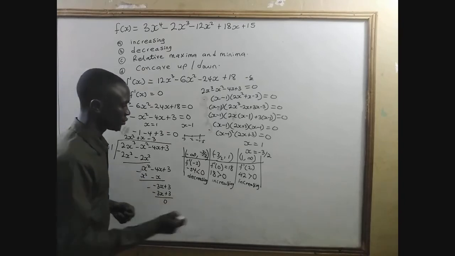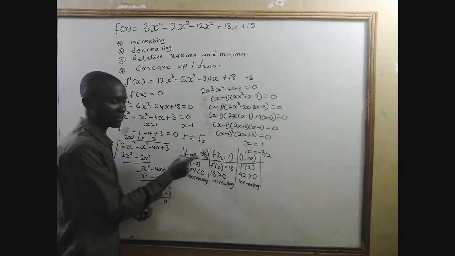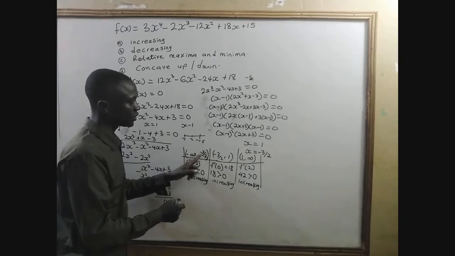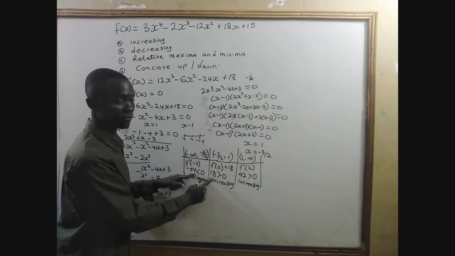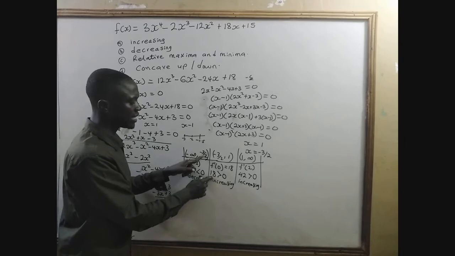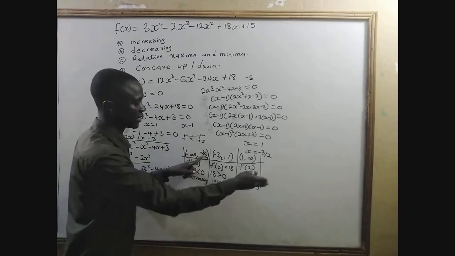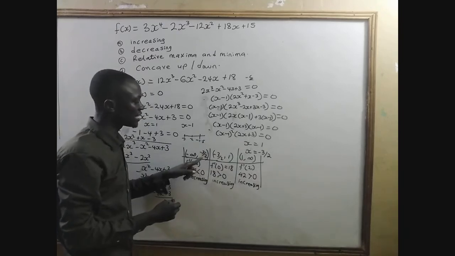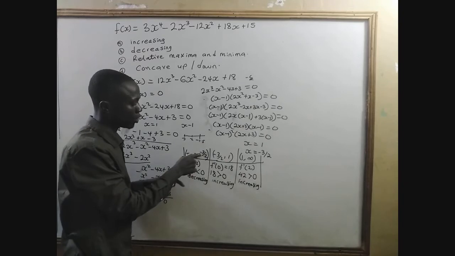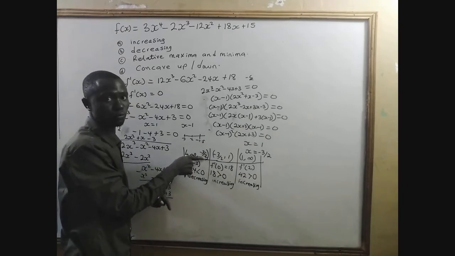So if we look at this interval, from negative 3 on 2 going, the function changes from negative to positive. That is, if you put in any number greater than negative 3 on 2, the function will start increasing. So the function changes from negative to positive at this point, negative 3 on 2.